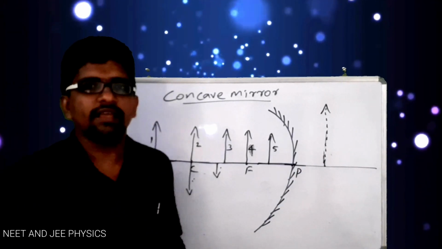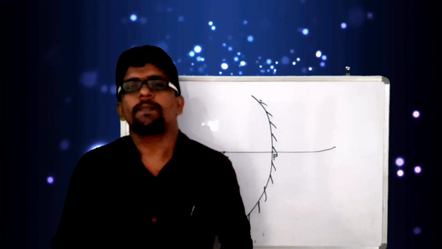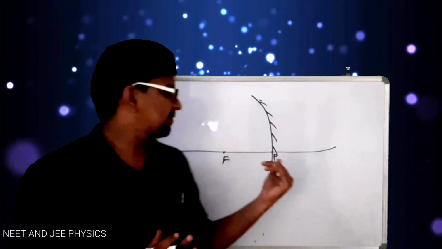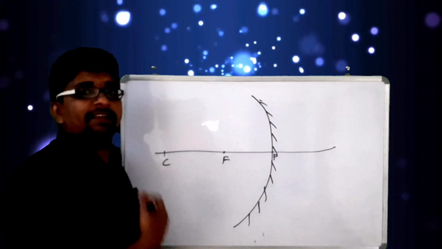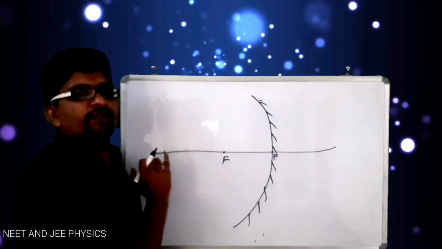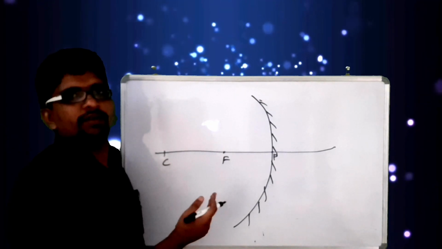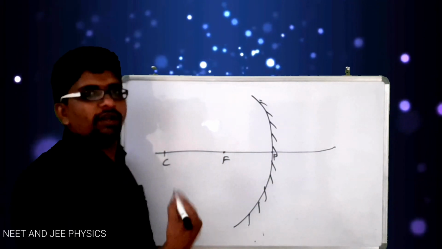Next, about the sign conventions. In a spherical mirror, as per the sign convention, all the measurements should be taken from this point forward. If the direction of measurement is against the direction of incident ray, that is taken as negative, otherwise that is taken as positive. For example, focal length of a concave mirror.